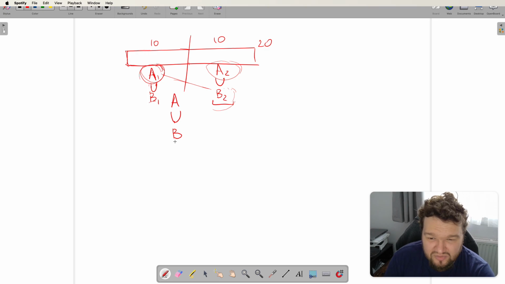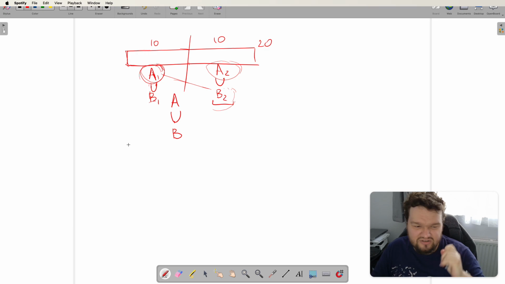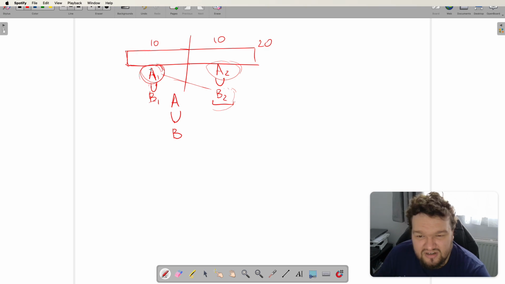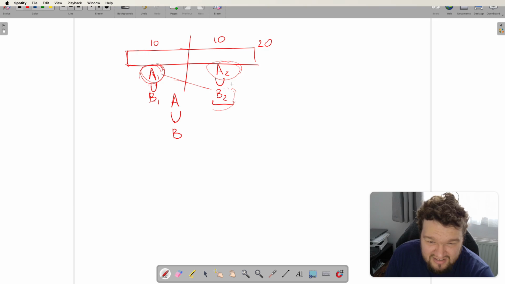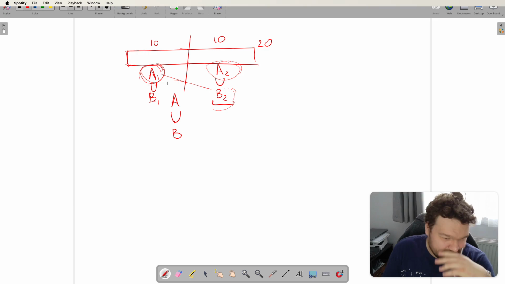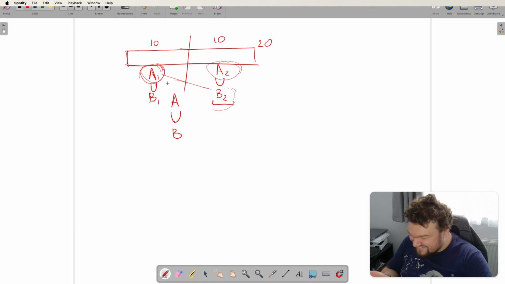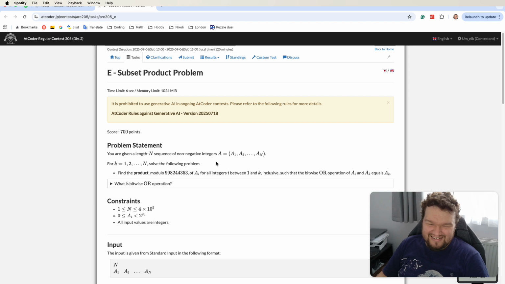So when I add number B to my data structure, I will run over all supermasks A1 of the left part of my mask and multiply the stored numbers there. Now for every number I store the product that I want, and for the query I will run over all submasks here and just take the product. That's it. Each number will be processed in time proportional to 2 to the 10th power, and that should be fast enough.